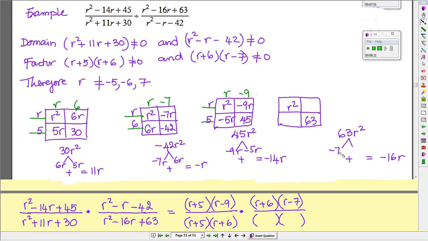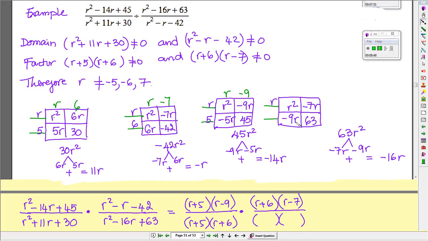So if we take negative 7r times negative 9r, that gives us 63r squared, and then we add these two like terms, that gives us negative 16r. So I'm going to go ahead and put those two factors in the two empty boxes here, negative 7r and negative 9r. So let's start with row number 1.